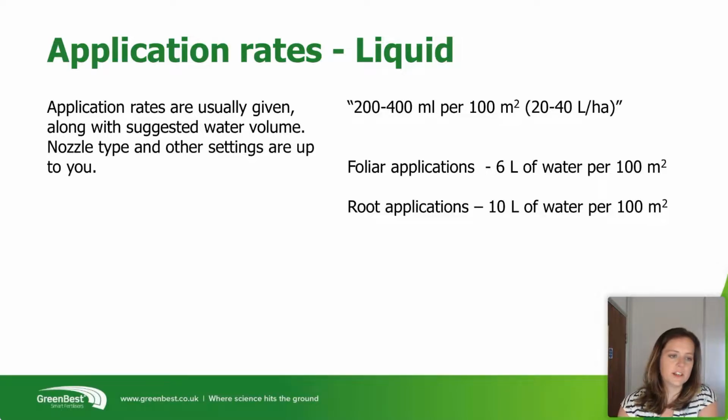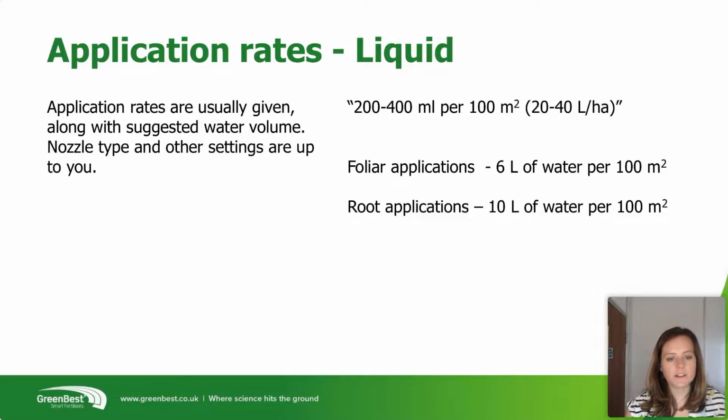So these will be given usually a suggested amount per area. So in this example, I've got 200 to 400 milliliters per 100 square meters. And often the amount of water that goes into can be given as well.